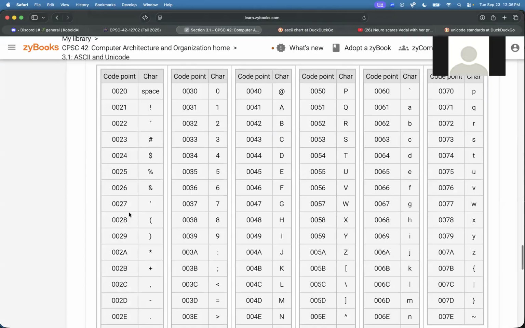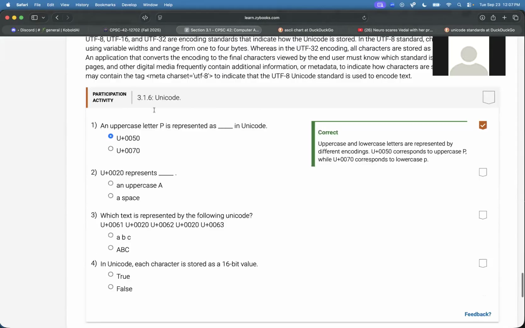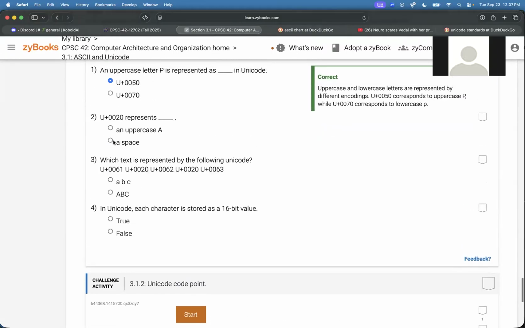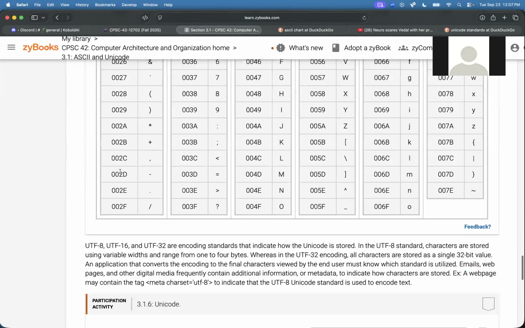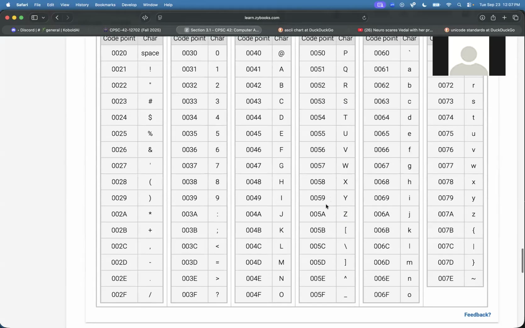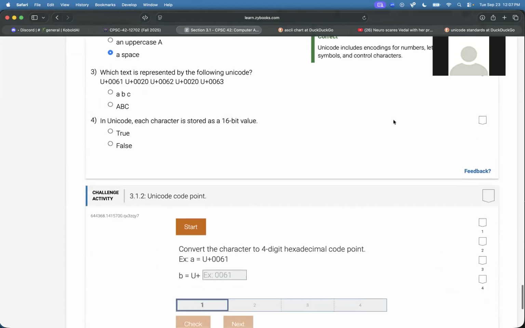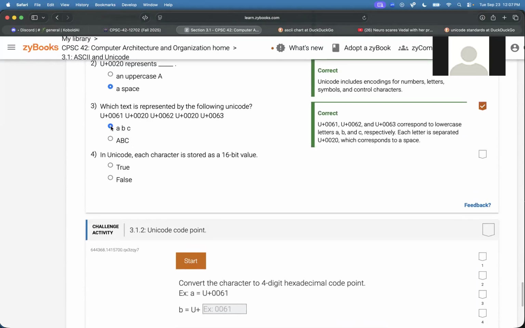So we look for 0020. We find 0020 here, it's space. What is this? Well, you have to look them up. So 0061. Here it's lowercase a. So it must be this, because it couldn't be the other one.